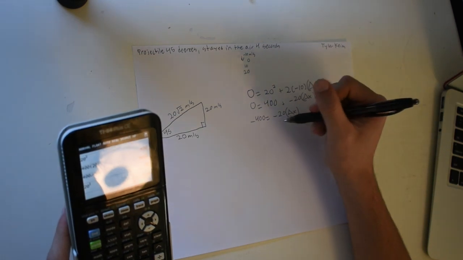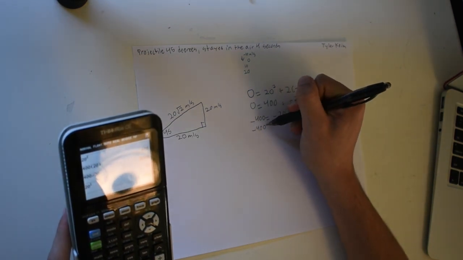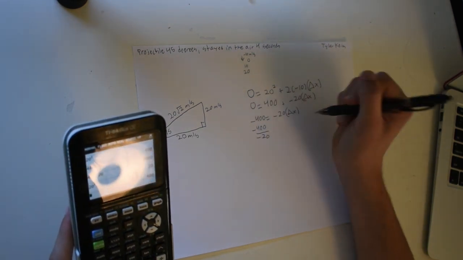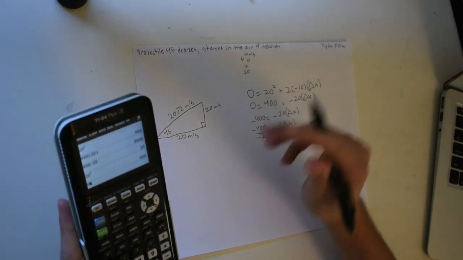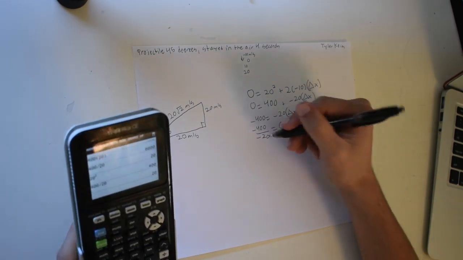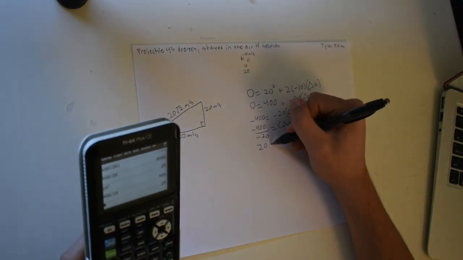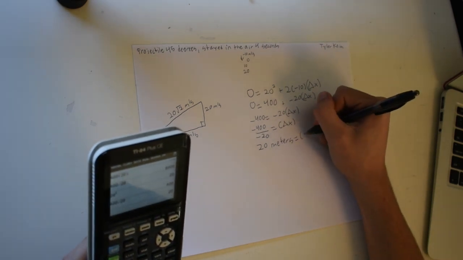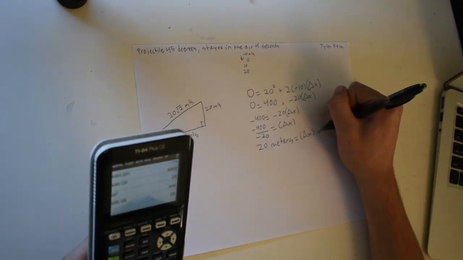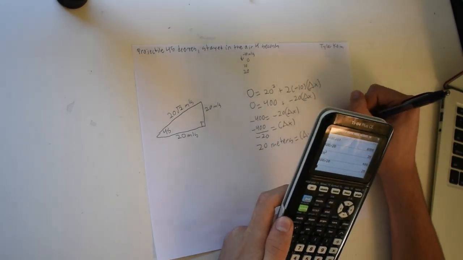So now we just divide by -20, so -400 over -20 is equal to delta x. So that is going to be equal to 20 meters, which is the change of x, the maximum height it reaches.